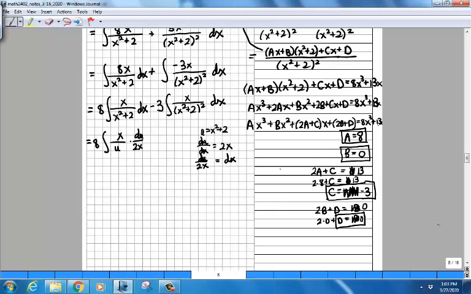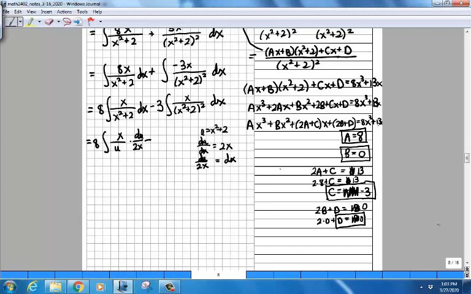Now, I'm actually going to make exactly the same substitution in this second integral. I'm also going to let u be x squared plus 2. So I don't have to do a second substitution here. I don't have to choose a separate quantity to let be u, right?